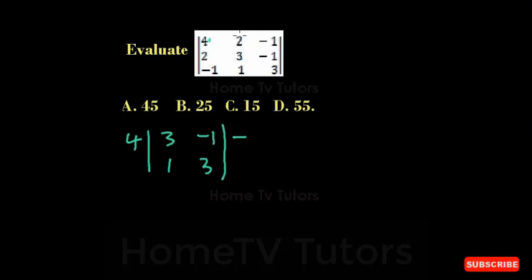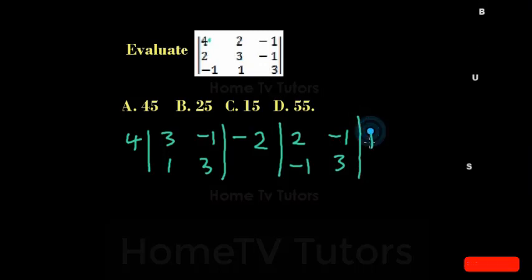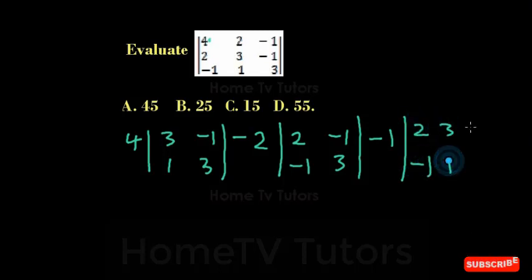Then for the 2 element, 2, then the cofactors 2 minus 1, 2 minus 1, minus 1 and 3. Then the plus sign is plus. Then for the element with a minus sign, minus 1, it will change the plus sign now to minus. Alright, so we have minus 1, then the cofactors 2, 3, minus 1 and 1.